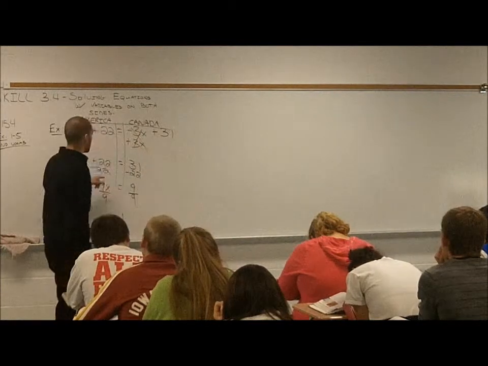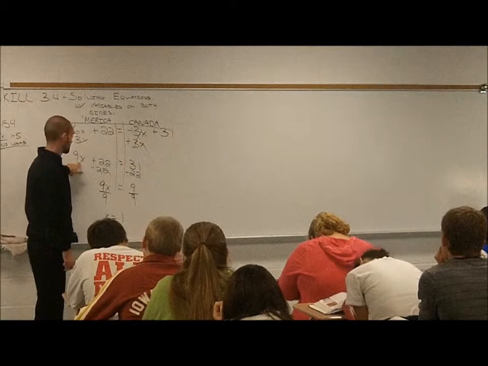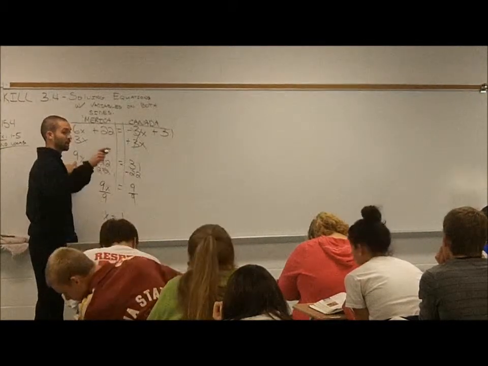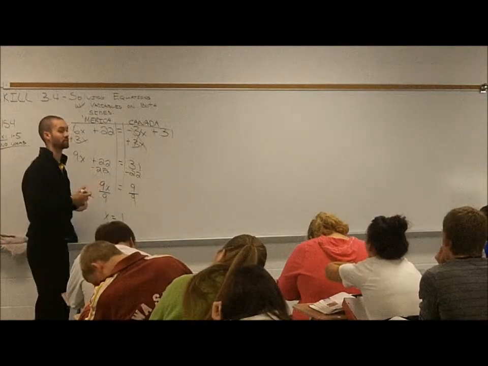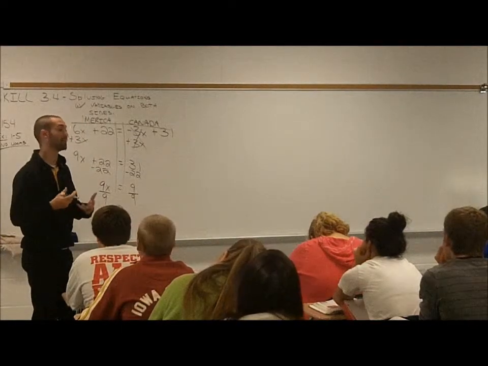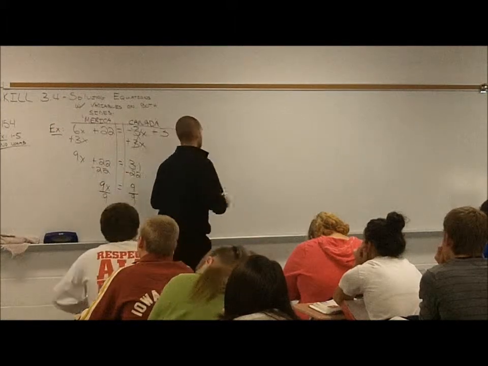Okay? By taking this over here, what type of x did we get? A positive x. Okay, every time you take the lower one to the larger, you're going to get a positive value. Okay? Good question. But it doesn't have to be that way.